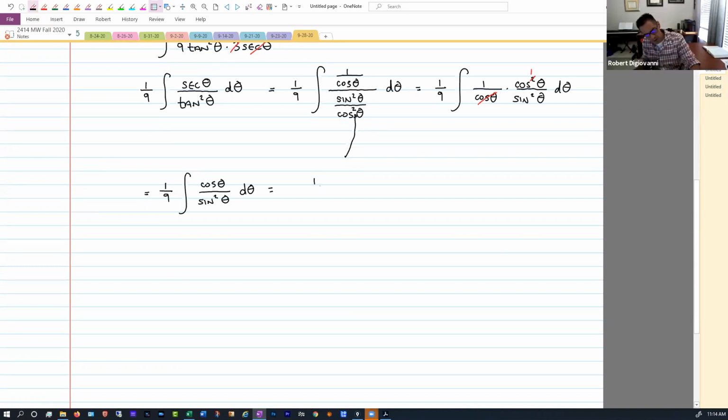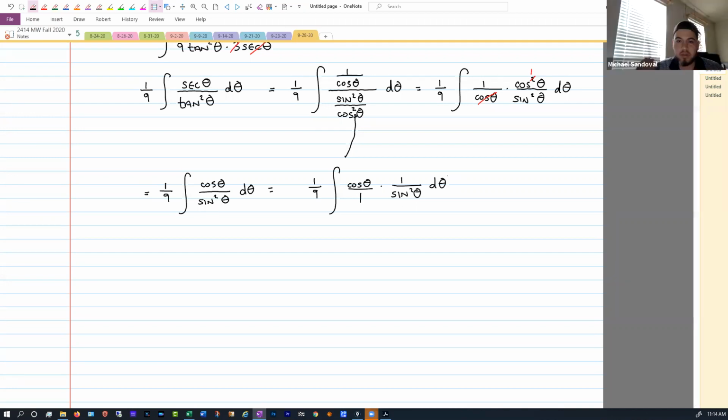Okay, so you decided to rewrite this as cosine theta over 1 times 1 over sine squared theta d theta. No, that's as far as I got, and I was just able to integrate cosine theta.